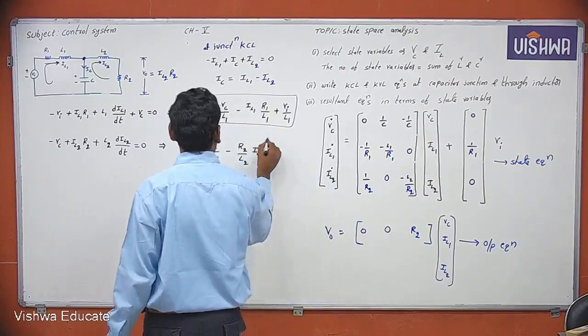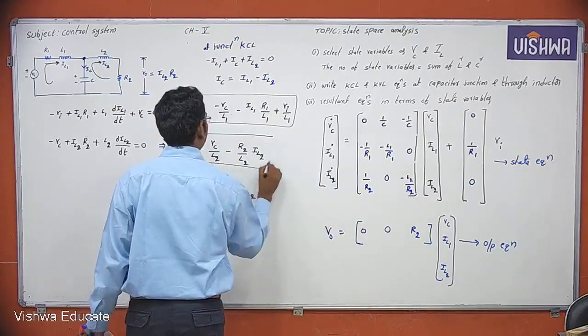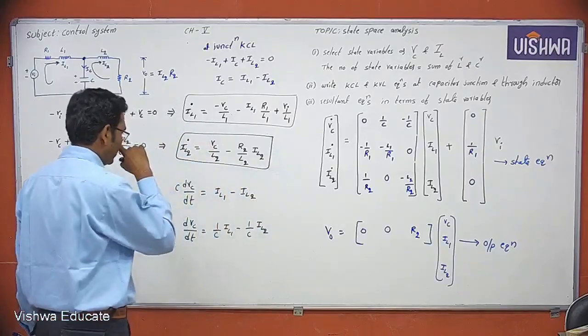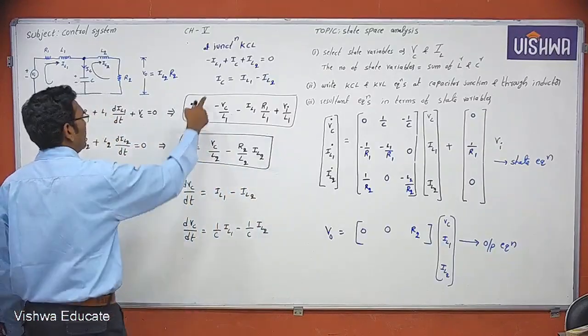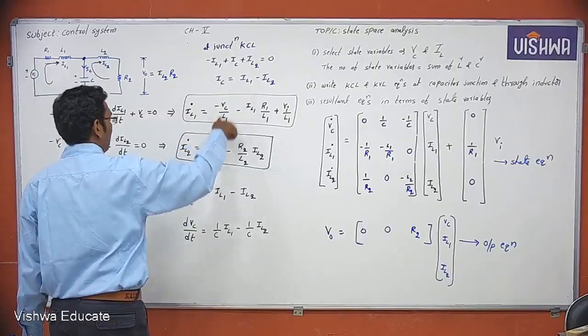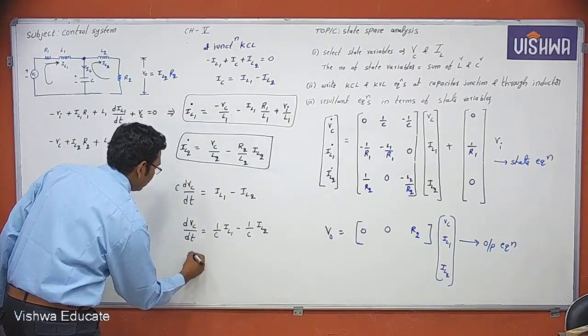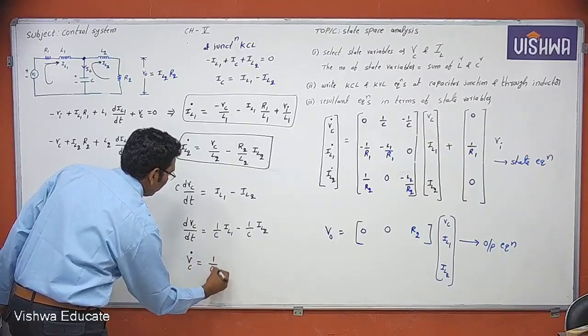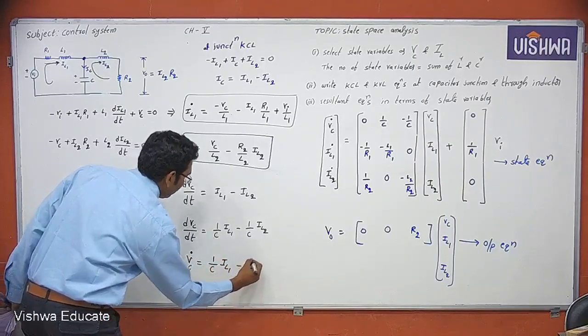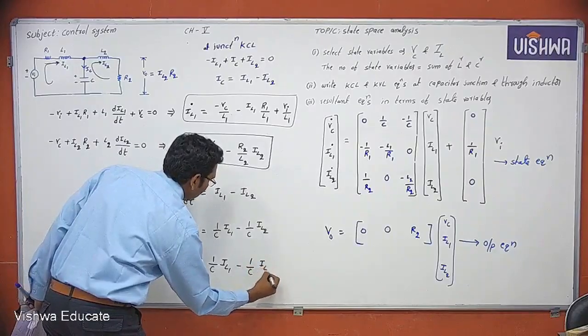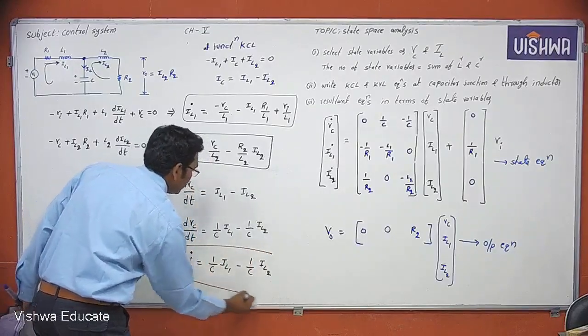That's it. This is IL2 dash. This is again Ic is C into dVc by dt. So Vc dash is equal to 1 by C into IL1 minus 1 by C into IL2. Sorry. Okay. So this is the equation.